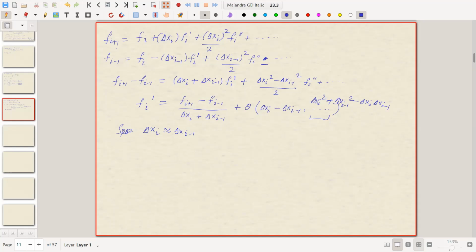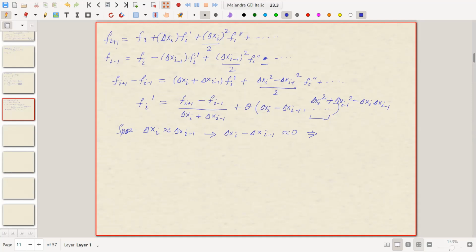But now you can see if delta xi is very close to delta xi minus 1, that implies delta xi minus delta xi minus 1 will be very close to 0. Then our higher order term depends on delta xi square plus delta xi minus 1 square minus delta xi minus 1.